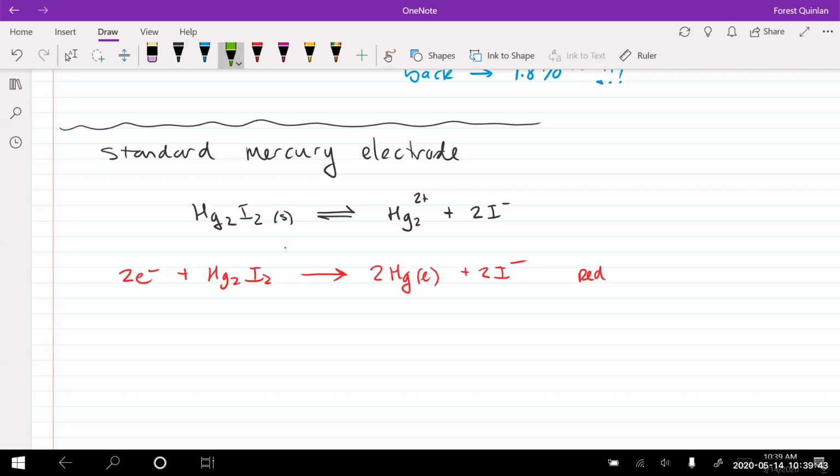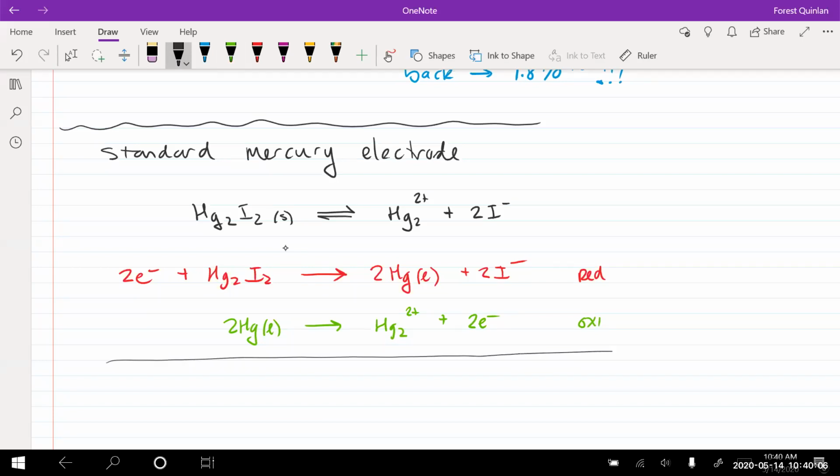On the oxidation side, I'm going to have 2 mercuries becoming an Hg2 2 plus plus 2 electrons. And actually, I'm going to put the things over here: this is the reduction, the oxidation. What is the E that's in parentheses? Oh, it's not an E. L for liquid.